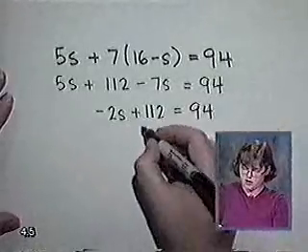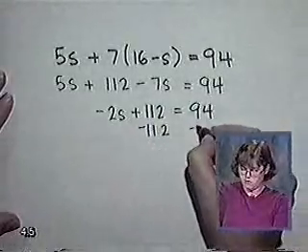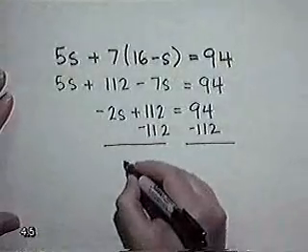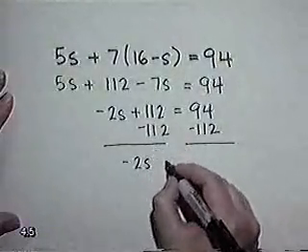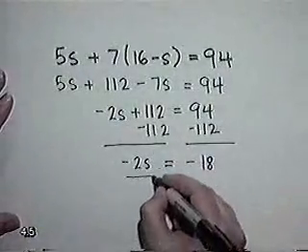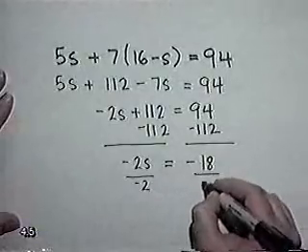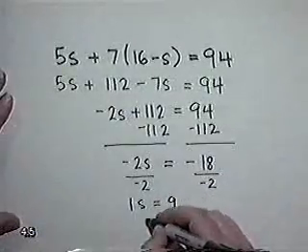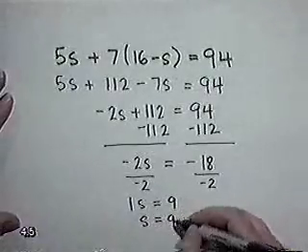And now I will subtract 112 from both sides. So I have negative 2S plus 0 equals negative 18. To isolate S, I divide by negative 2. 1S equals 9. So S equals 9.